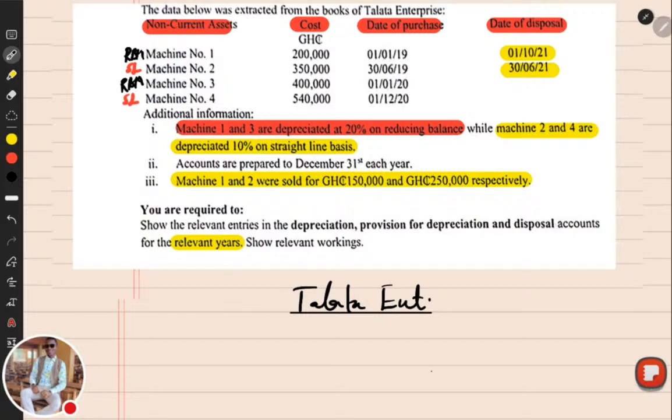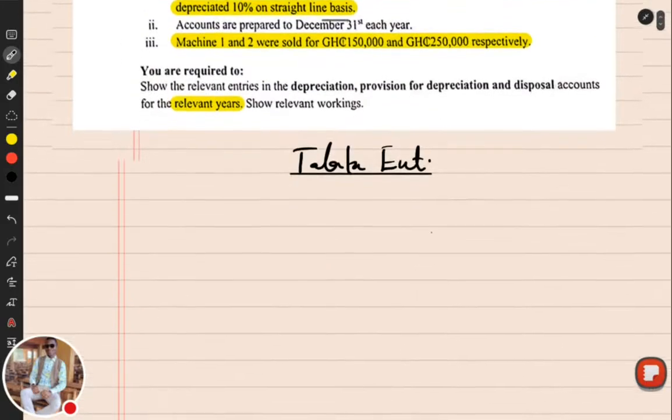So we start with the depreciation. For calculation purposes, we are going to present a statement in table form so that we can go systematically and do the depreciation accurately. We'll present some columns and rows.